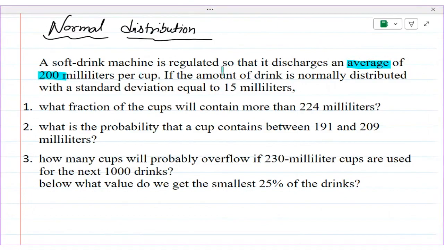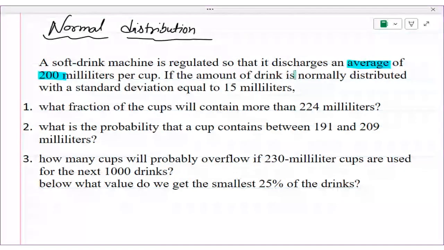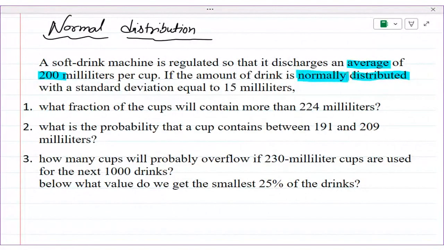If the amount of drink is normally distributed, so you are also told that normal distribution is being followed. Amount of drink means how much of the drink is discharged from the soft drink machine. And you are given the standard deviation, equal to 15 milliliters.